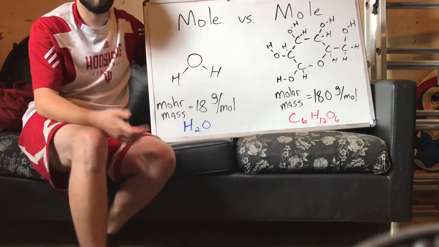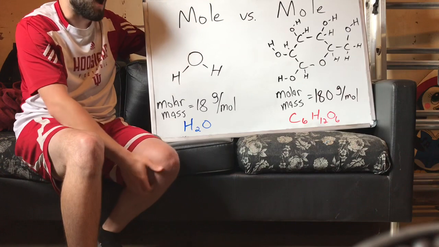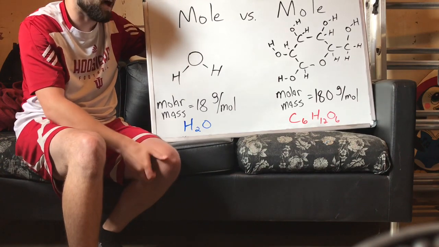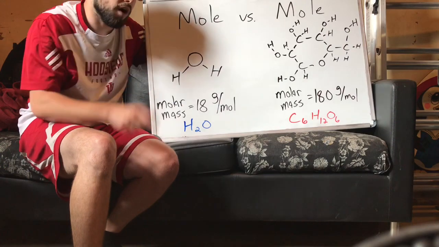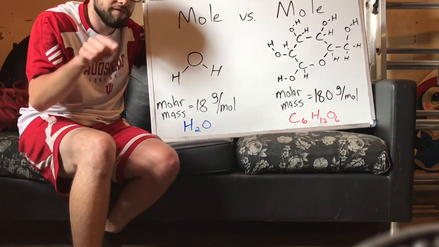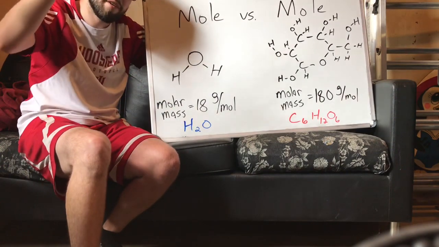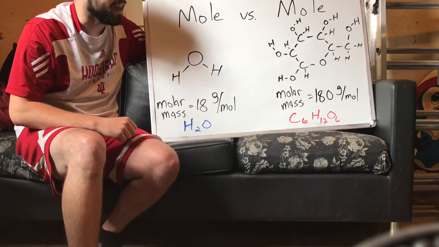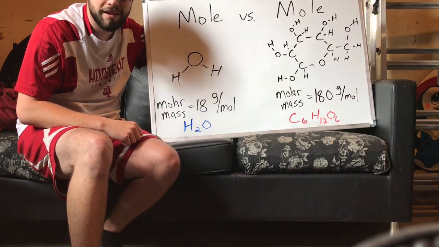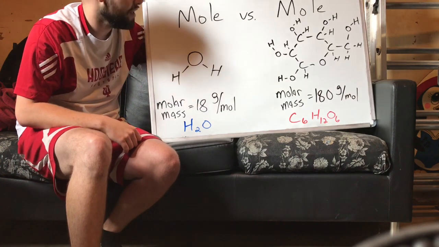Hopefully you're seeing why the mole is helpful. I could try and sit and count all the molecules, 1 molecule, 2, 3, 4, 5, all the way up to 6.022 times 10 to the 23rd. It would take my entire lifetime, and I probably still wouldn't make it.